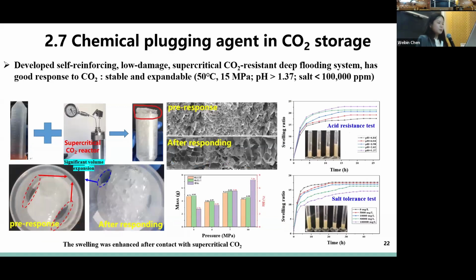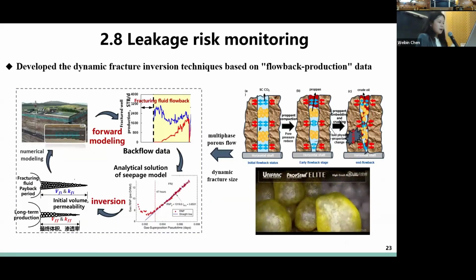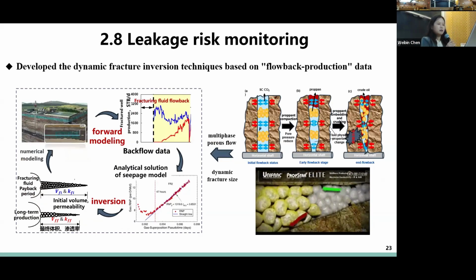So our group developed a self-reinforcing, low damage, supercritical CO2 resident deep flooding system, and it has a good response to carbon dioxide. It's stable and expandable.